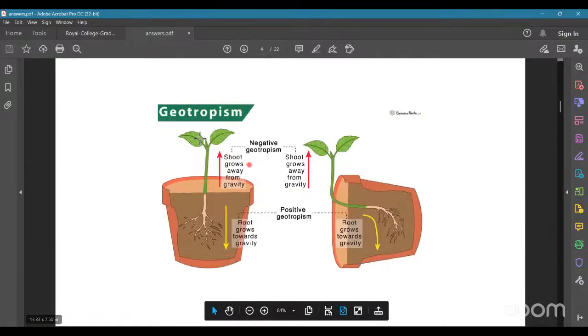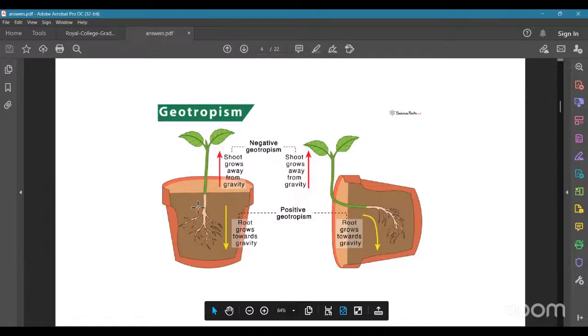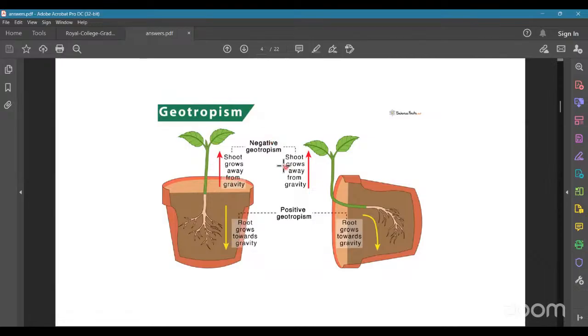So here in geotrophism, in this picture you can see roots grow towards gravity. That means it is positive geotrophism. And here the shoot grows away from gravity. Gravity is always downwards, right? So if the shoots are growing away from gravity, we call that negative because it's the opposite thing which is happening.